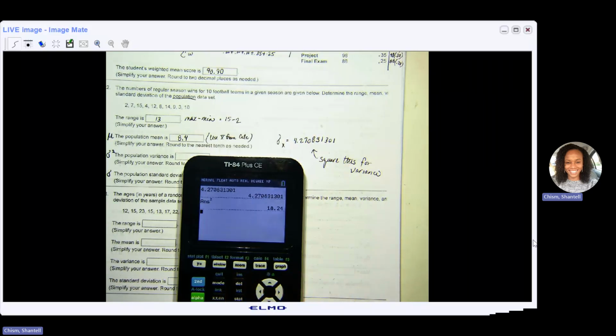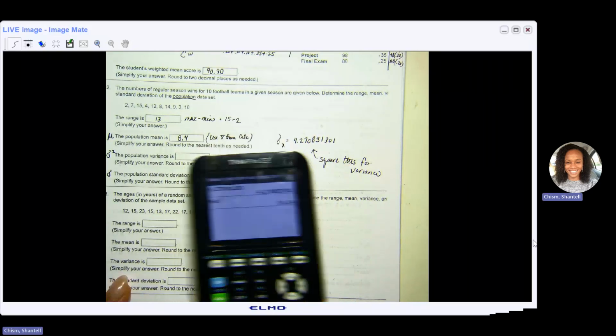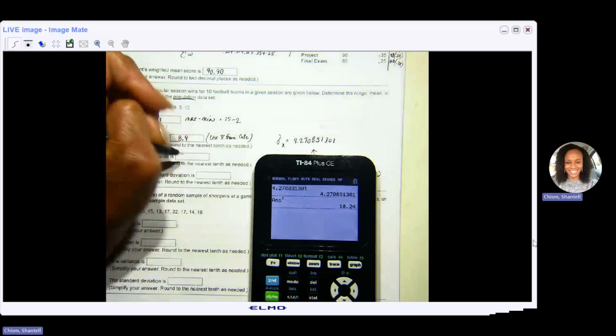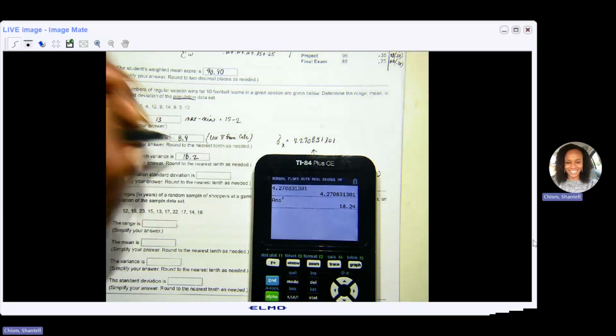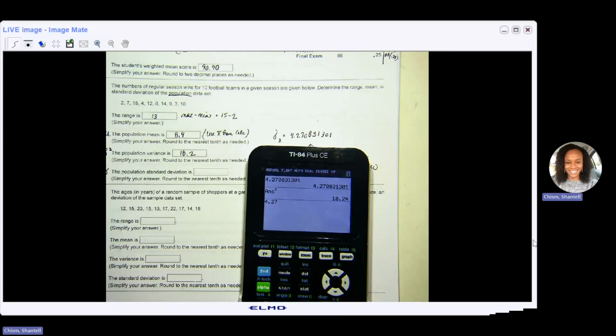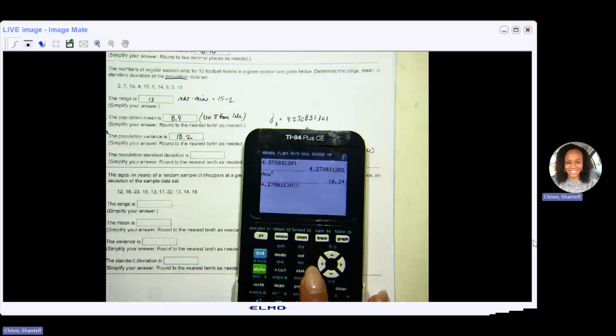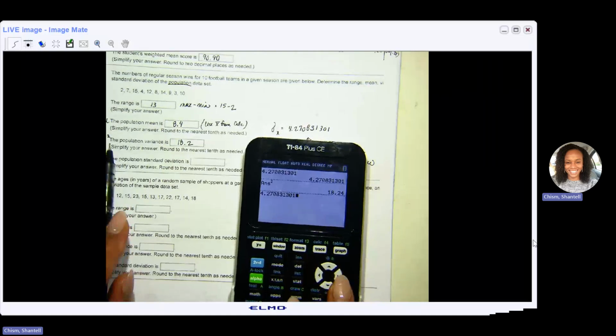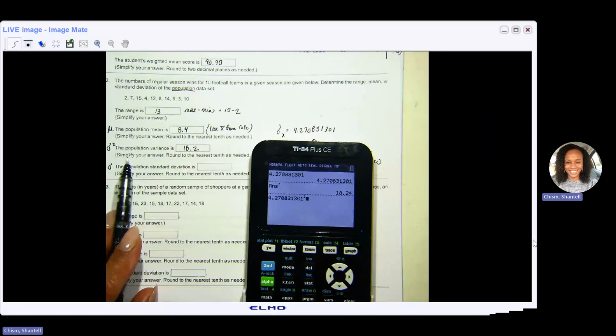Let's square it. So 18.24, it says round to the nearest tenth, so that's just going to be 18.2. So we take that number 4.270831301, and I tend to use every decimal when I'm still calculating the value because I'll round it at the end.